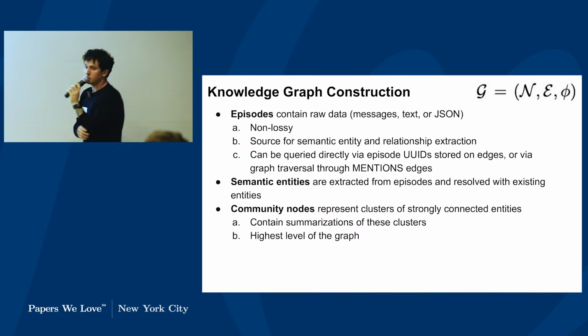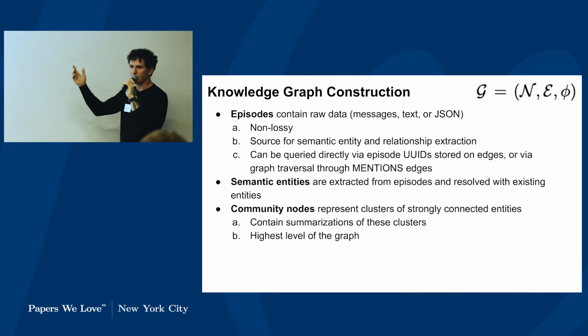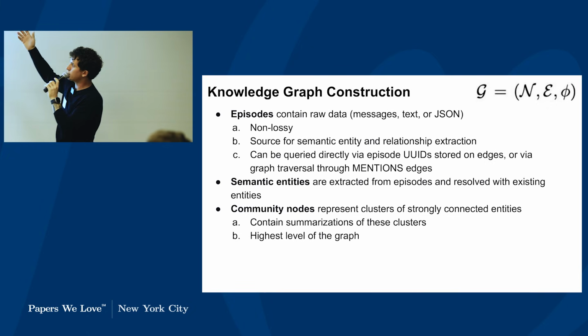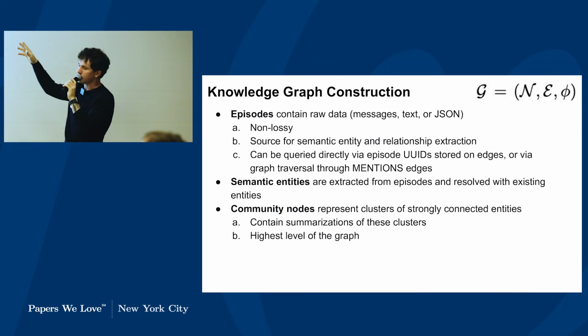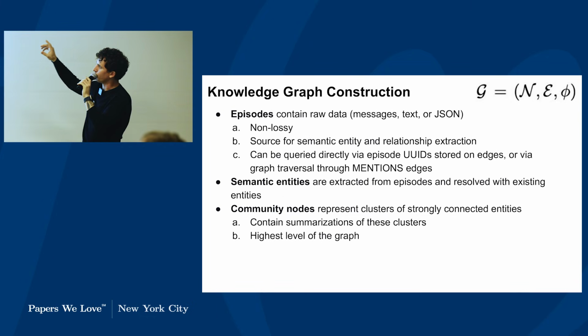So the first portion of the paper kind of sets us up. It's the summary of the knowledge graph and how it gets constructed. So we have three subgraphs here. Number one, we have episodes. This is a non-lossy data source. This is my favorite part of Zep, actually. Episodes contain raw data. They're actually messages, text, or JSON. This is really interesting because a lot of memory systems are lossy.